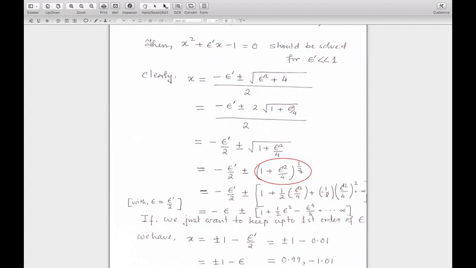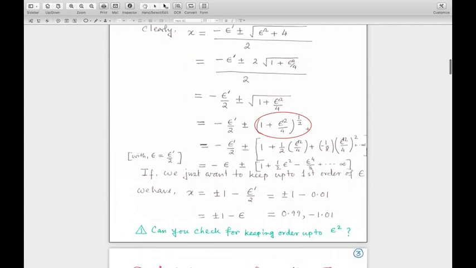Then expanding this in a series, you can easily write this type of series, which will be a series in not epsilon but epsilon prime square. Okay, so finally you will have this equation as minus epsilon prime by 2 plus minus 1 plus half epsilon square minus epsilon to the 4 by 8 plus the higher order terms.